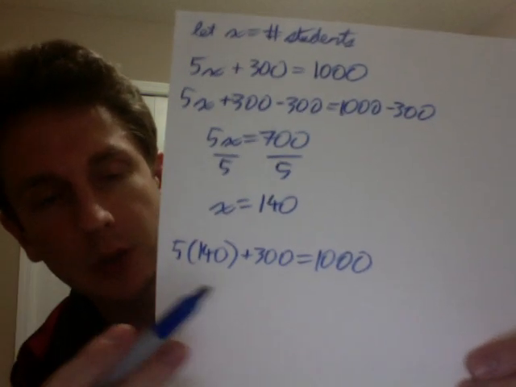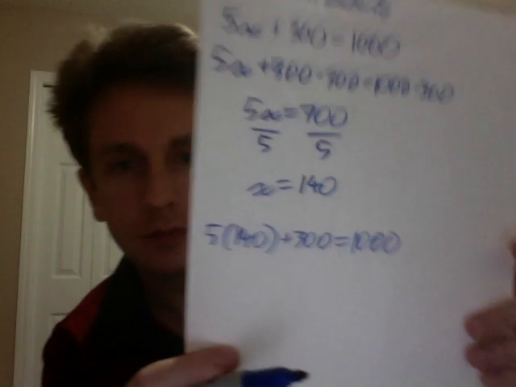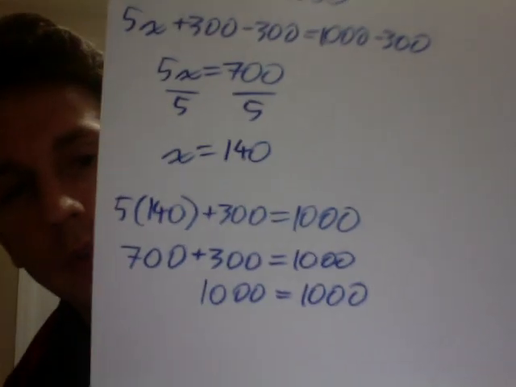I've replaced the x with 140, plus the 300 equals 1,000. Okay, so 5 times 140 equals 700. Plus 300 equals 1,000. Therefore, 1,000 equals 1,000. We are correct. Isn't that fantastic? And therefore, we can afford to have 140 students.